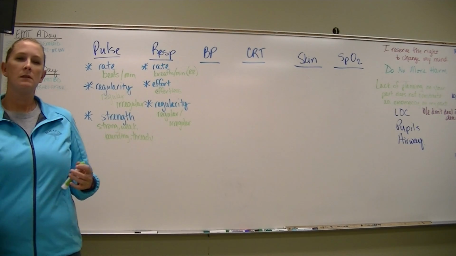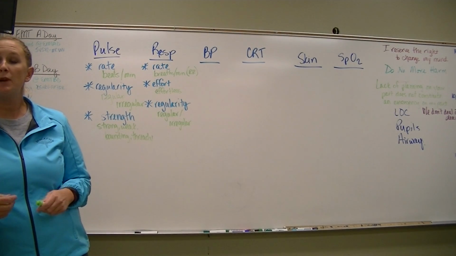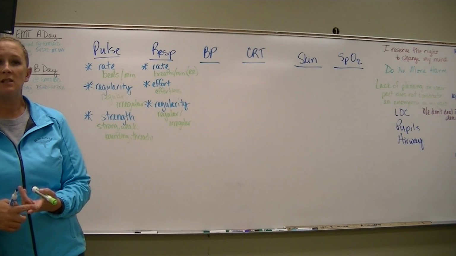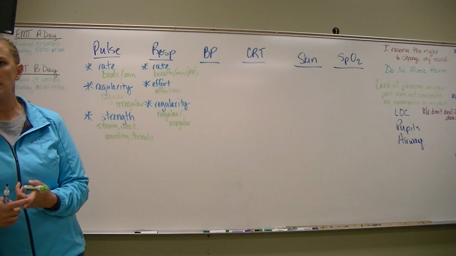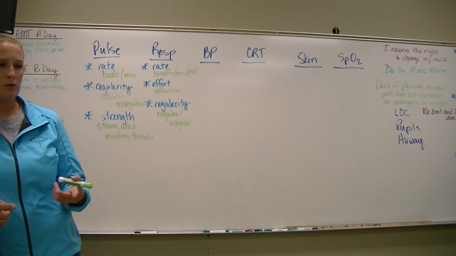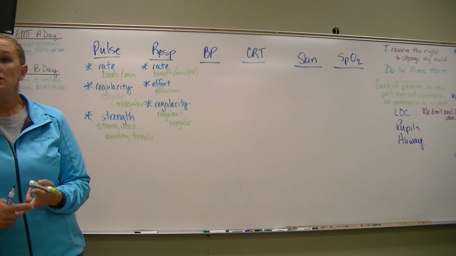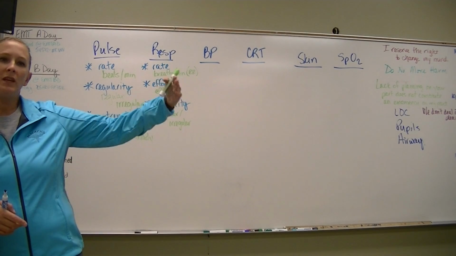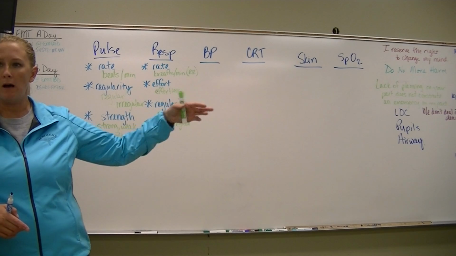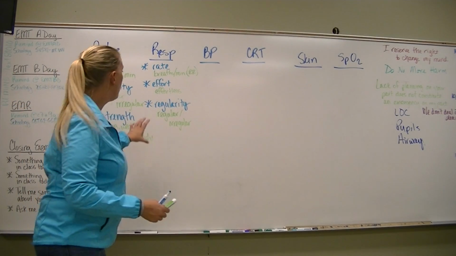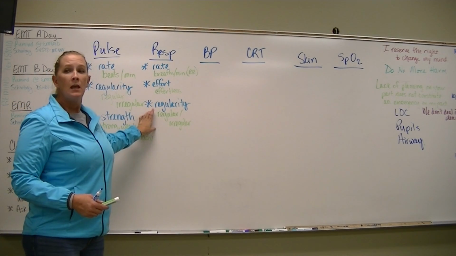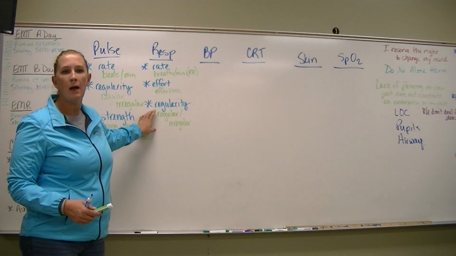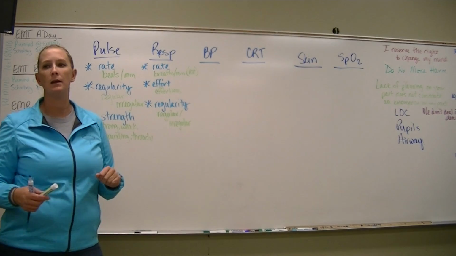Some of the types of respirations that can cause irregularity are Cheyne-Stokes respirations. When we get to airway, we'll cover this a little bit more, but we've got Cheyne-Stokes respirations, Kussmaul respirations, agonal respirations. There's a couple of different breathing patterns that we're going to learn a little bit more about later. So when we report regular or irregular, if you can recognize a pattern with it, that's good. And then you can report that pattern instead of just saying regular or irregular.